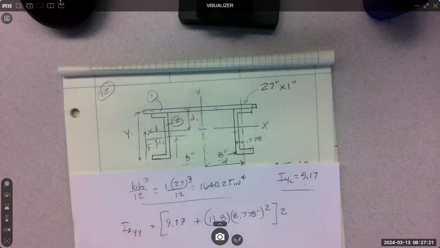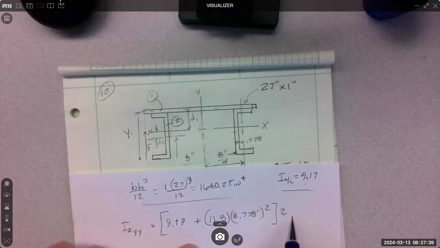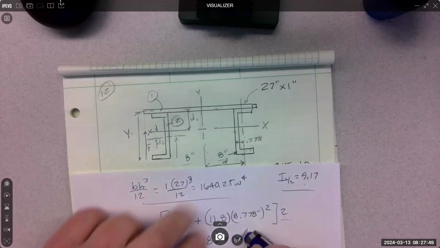Both transfer distances are the same shape, so we can just multiply by 2. Say again, 918.3987. Is that already times 2? No. Okay, so times 2, since I wrote that. 1836.790 inches to the fourth.